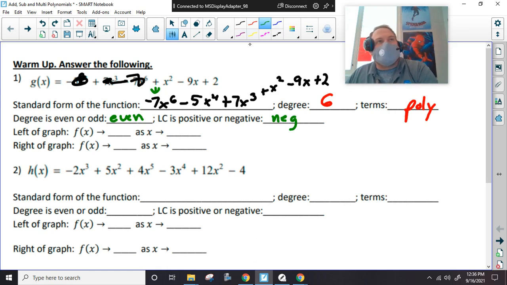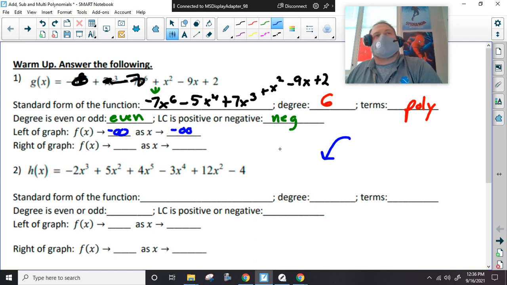All right. So we have an even and then a negative. So on my board, it's over here, in this turquoise color: as x approaches negative infinity, f of x will approach negative infinity. That basically means on the left-hand side, it's going down.